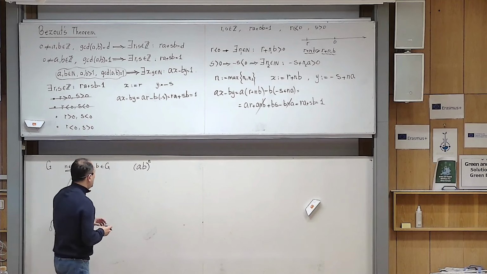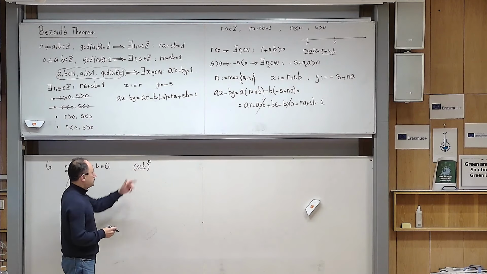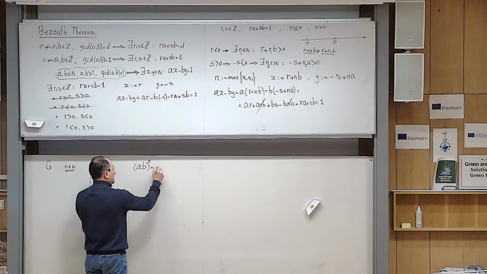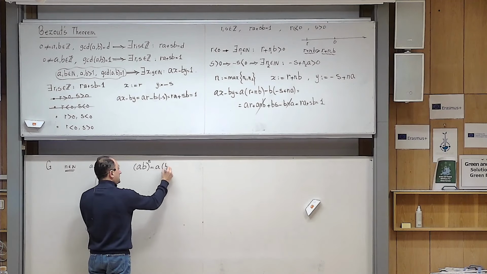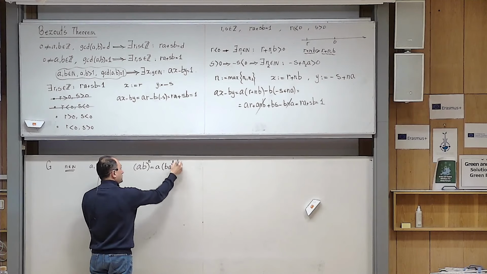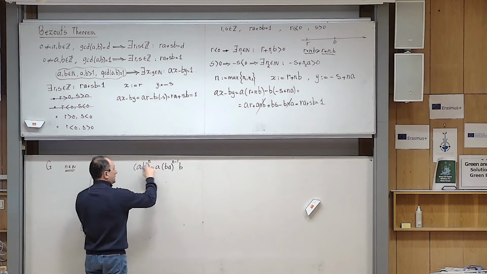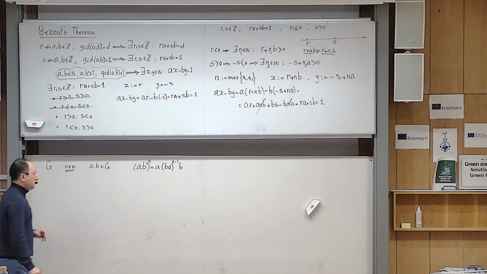But no matter, even if they do not commute, you can write a, times ba to the power n minus 1, times b. And this n should be a natural number. So that is always true in any group.